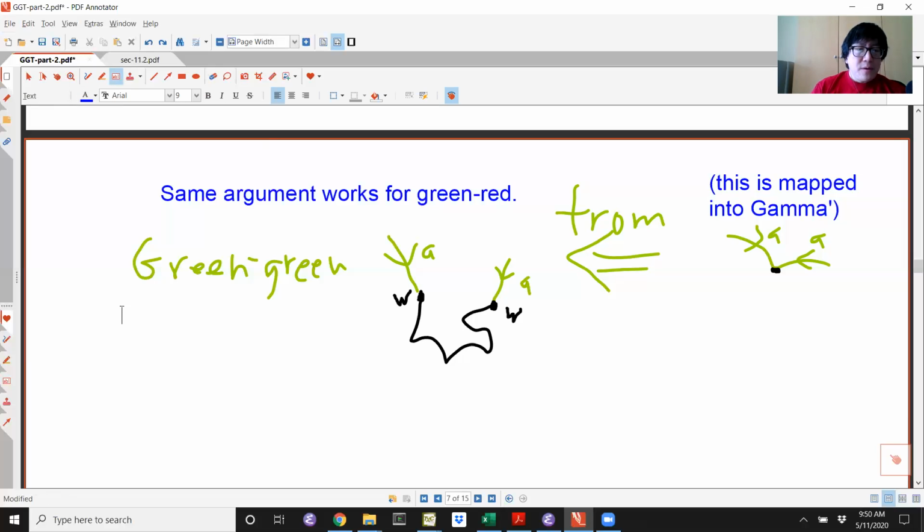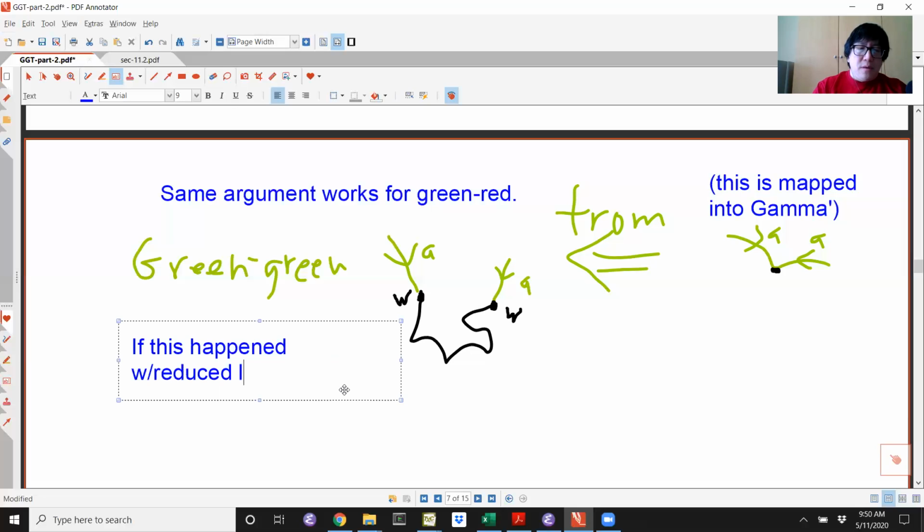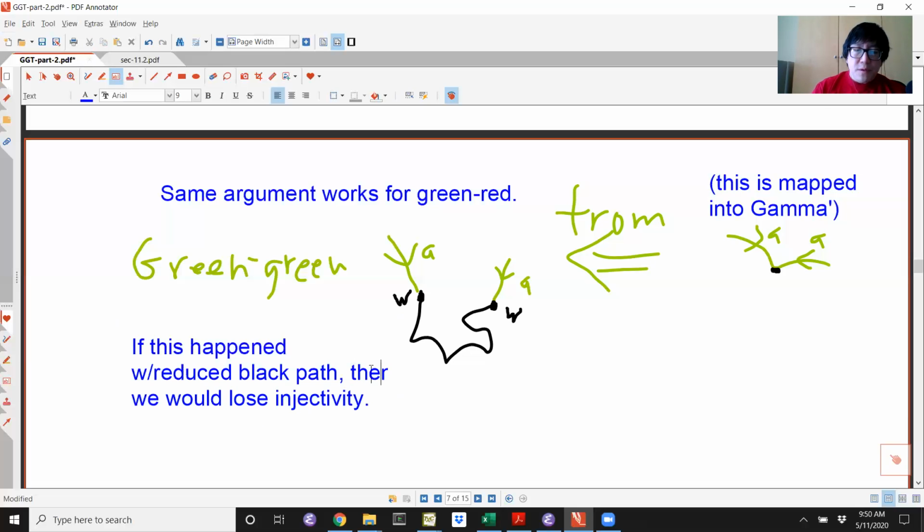Yeah, so if this happened with a reduced black path, then we would lose injectivity.